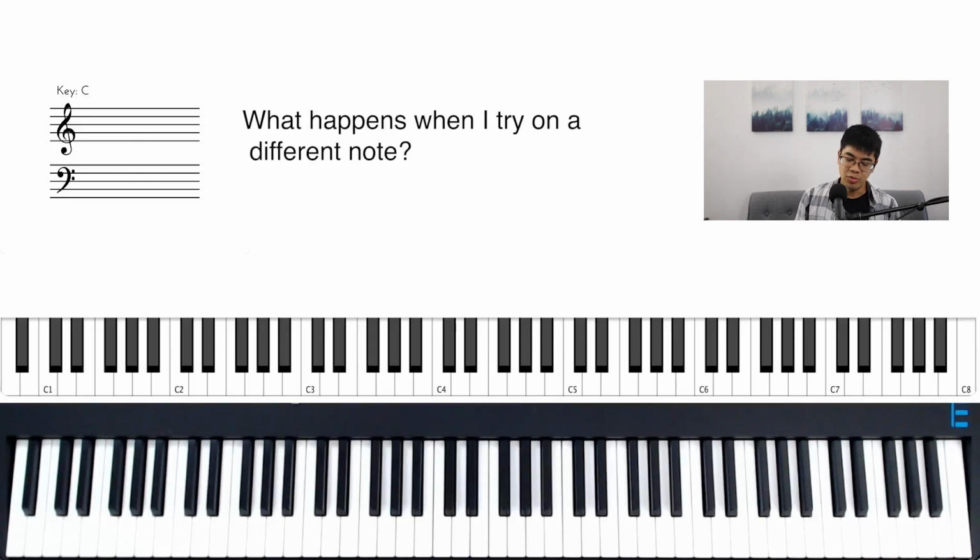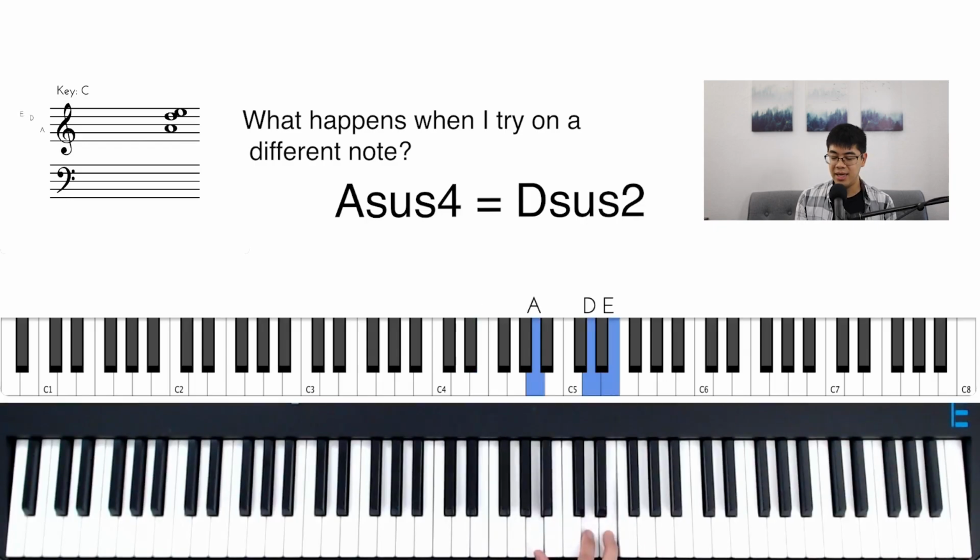And then let's just do one more thing, starting on E, let's do fourths. If I do the same inversions, I get an A sus4 chord. And then if I invert again, I get a D sus2 chord. So now I know that an A sus4 chord is related to a D sus2 chord.